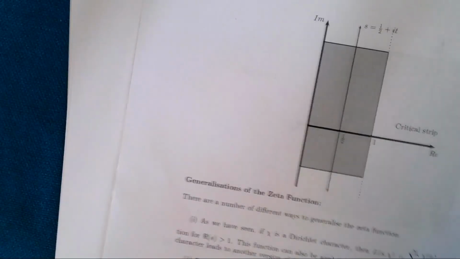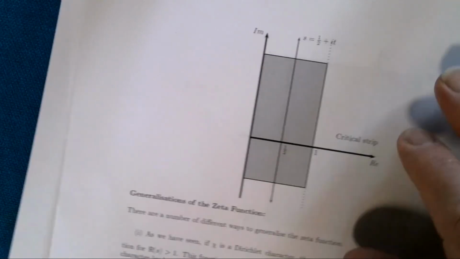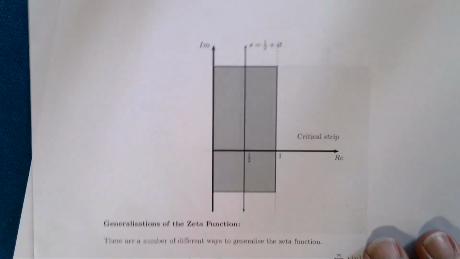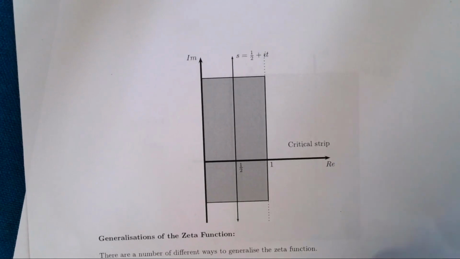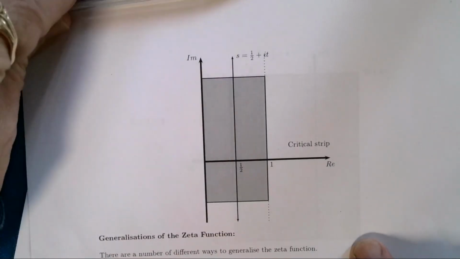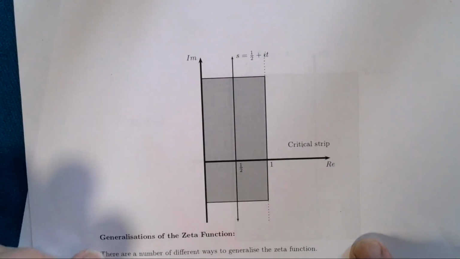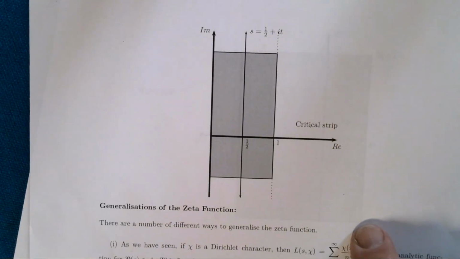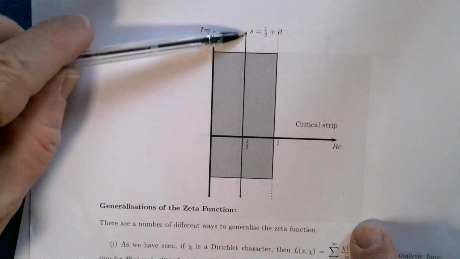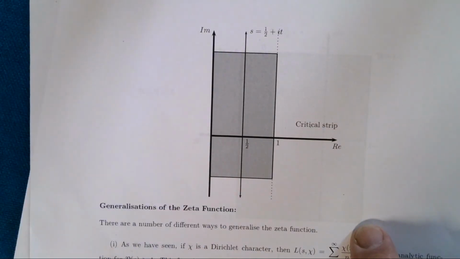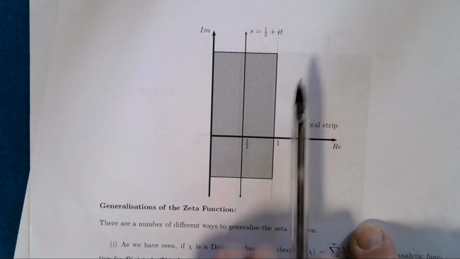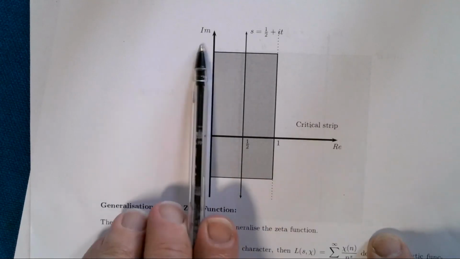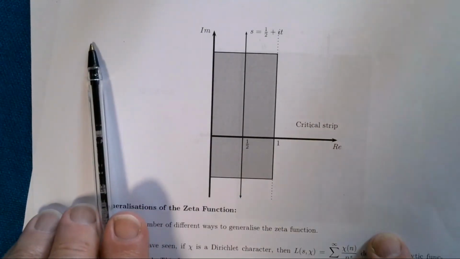So here's our little picture again, and as I mentioned, I've only shaded part of this. This continues on, of course, above and below. This is called the critical strip, and here is our critical line through here. And as I mentioned before, we've shown there are no zeros over here, there are no zeros over here except at the negative even integers.